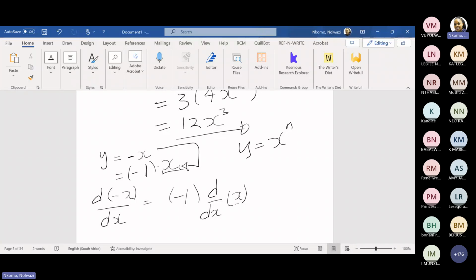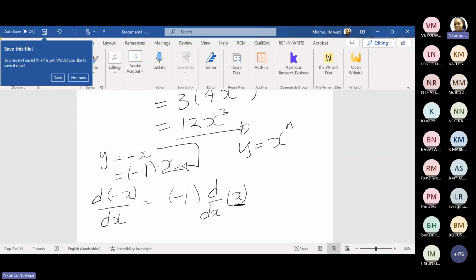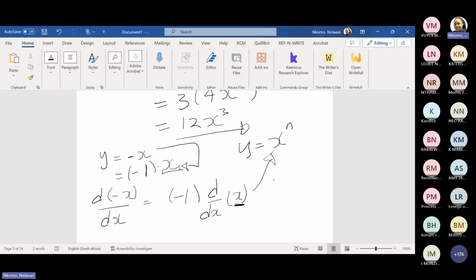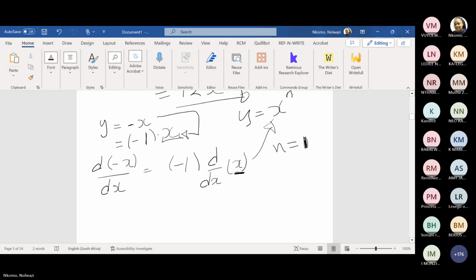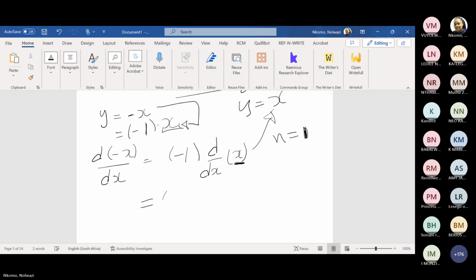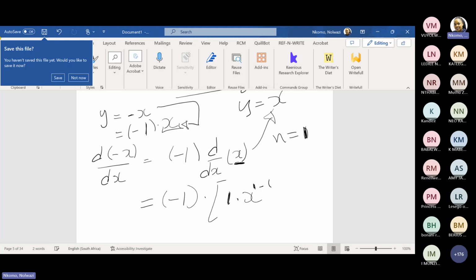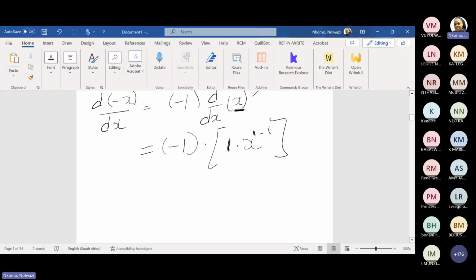Now we can apply the power rule here. If you compare this to the power rule, you can conclude that your n is equal to 1. So this means we will have minus 1 times the derivative of x: 1 times x to the power 1 minus 1. Remember, we have to subtract 1 from the power. Simplify this.